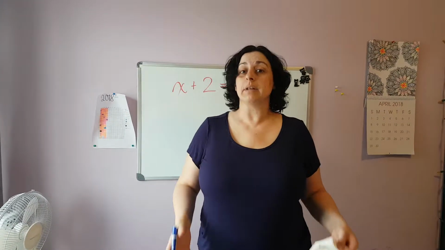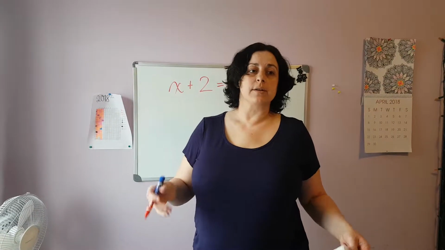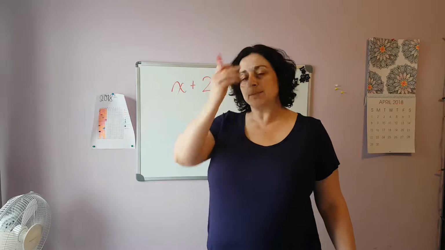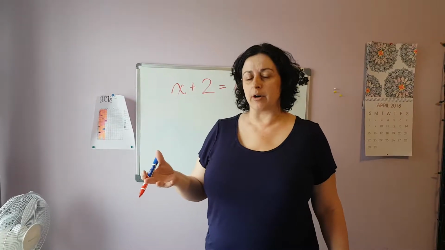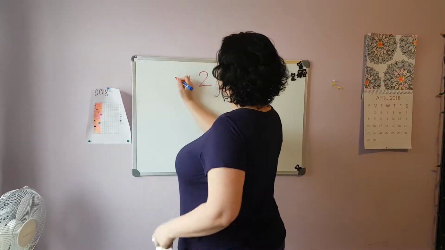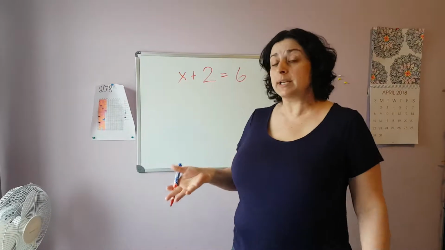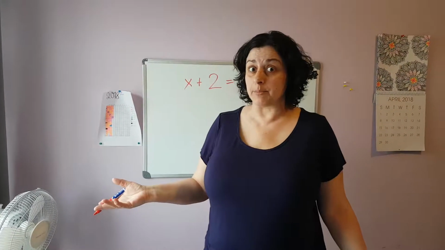You can use any letter that you want in algebra. You might see a T, you might see an S. The trick with algebra is to always make sure that you're using a cursive version of the letter. Think about it for a minute. If instead of a cursive X, I drew a regular printed X, you're going to get that confused with a multiplication symbol, right?